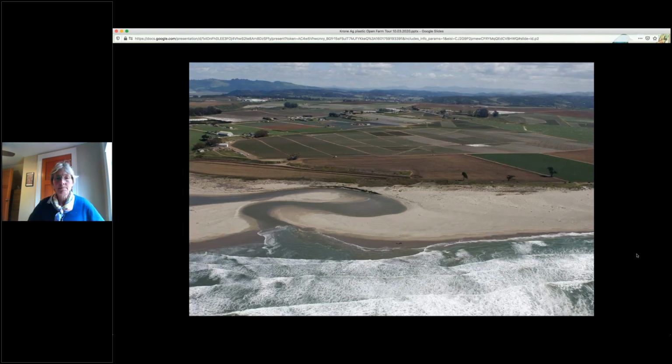So this is just a picture that shows how close agriculture is to the ocean, with the Monterey Bay National Marine Sanctuary being on the ocean side and the fields with agriculture being on the land side. Agriculture is not one of the predominant users of plastic. It only uses between 3 and 5% of the total plastic produced.